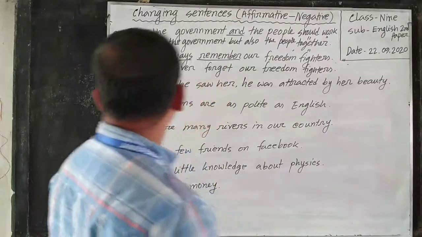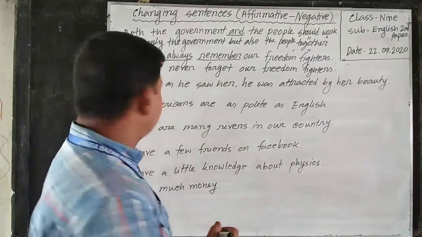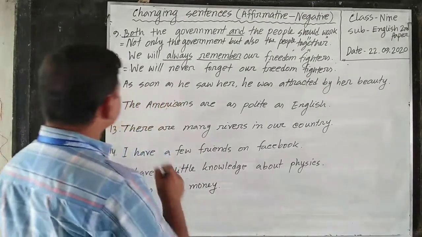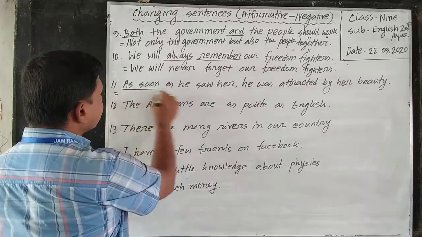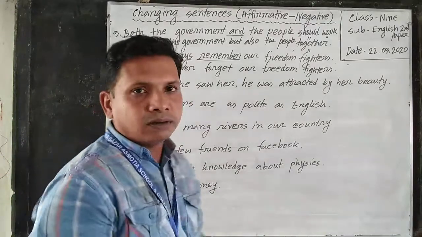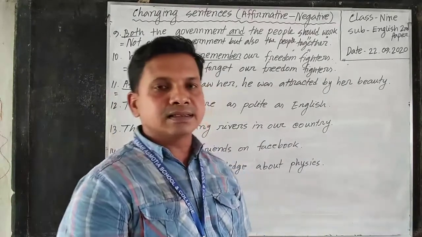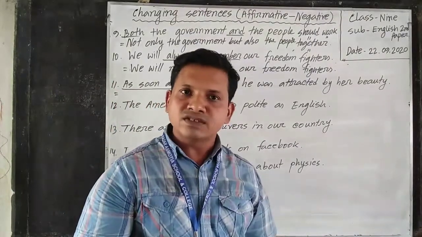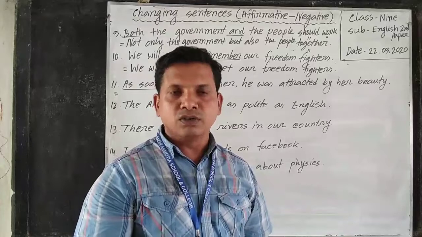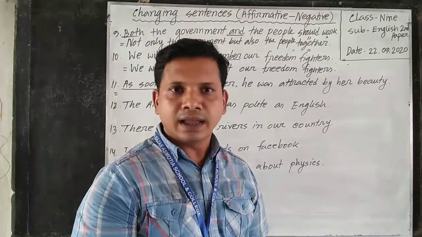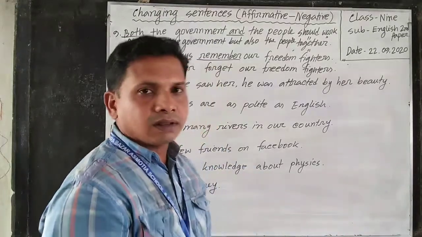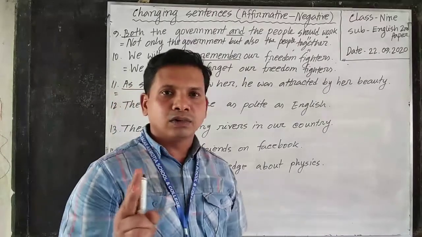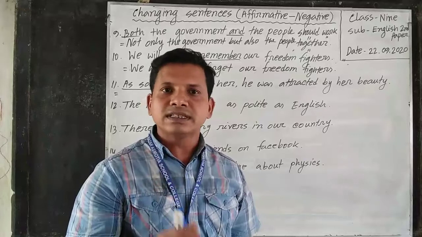Now the number 11. The number 11 sentence contains as soon as. We know if any affirmative sentence contains as soon as, instead of as soon as we have to use no sooner had, and we have to change another two things in these sentences.